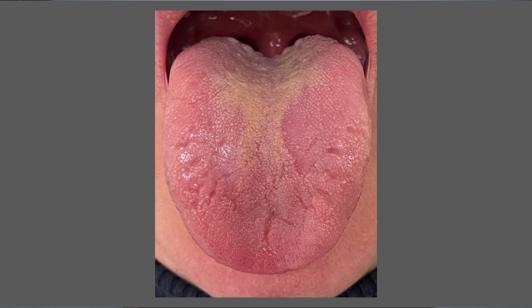The coating of this tongue is partially peeled, and the peeled coating right here is an indication of stomach and kidney yin deficiency. This coating has lost its root, indicating that fluids are not available for the formation of turbid steam that contributes to the formation of coating.